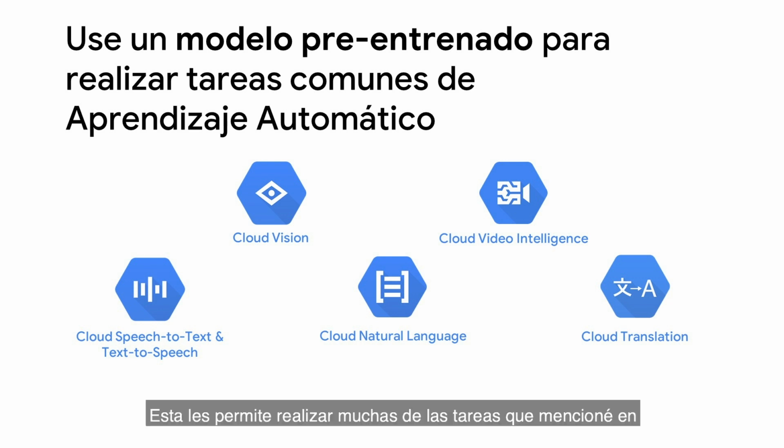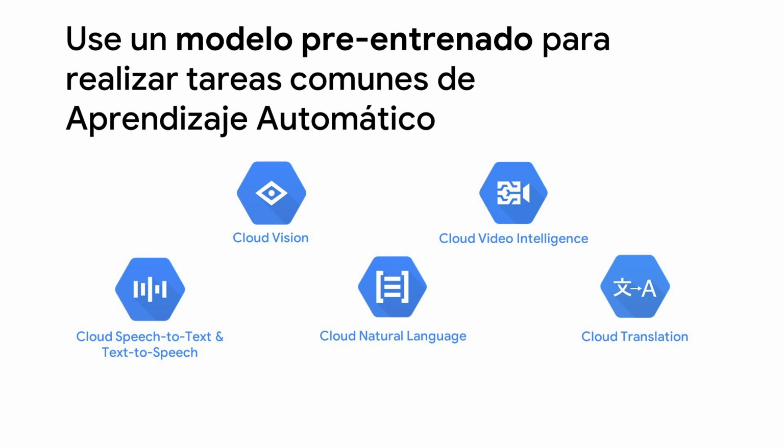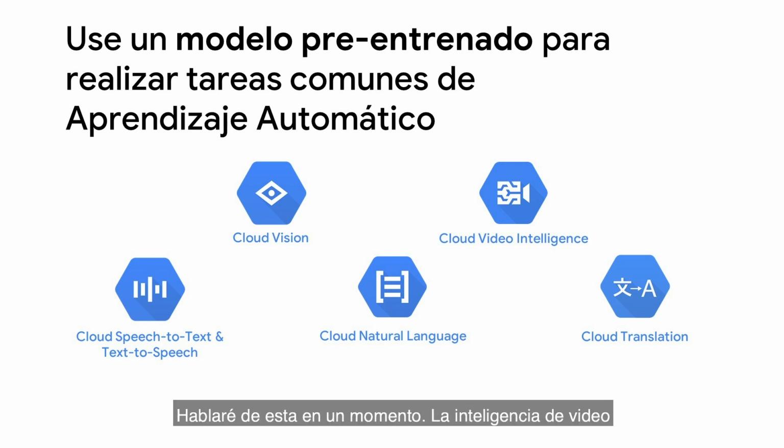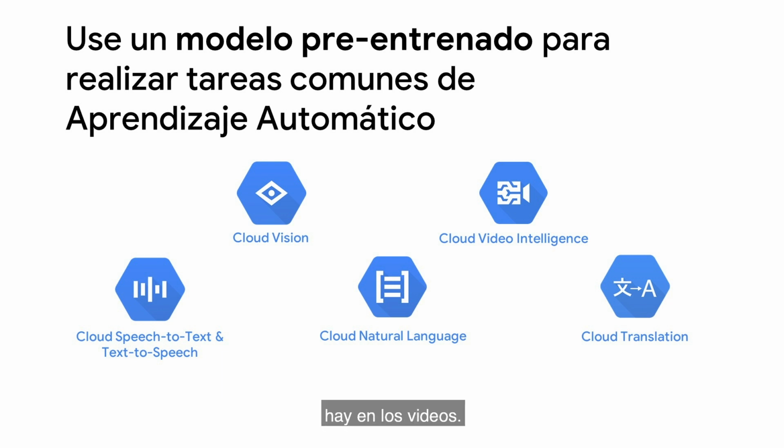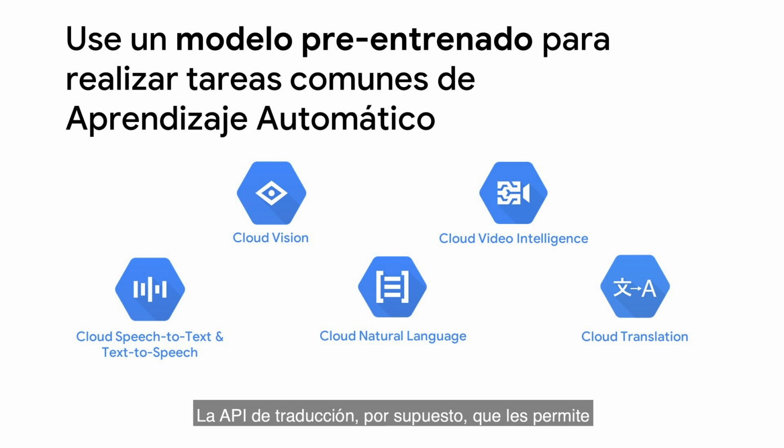This allows you to do a lot of the features I talked about in the machine learning for photos section, like identify emotion, objects in images, extract text. There's natural language. I'll talk about that in a second. Video intelligence helps you analyze videos, so it can, for example, produce captions of videos. It can show you what objects are in videos. The translation API, of course, allows you to translate between languages.